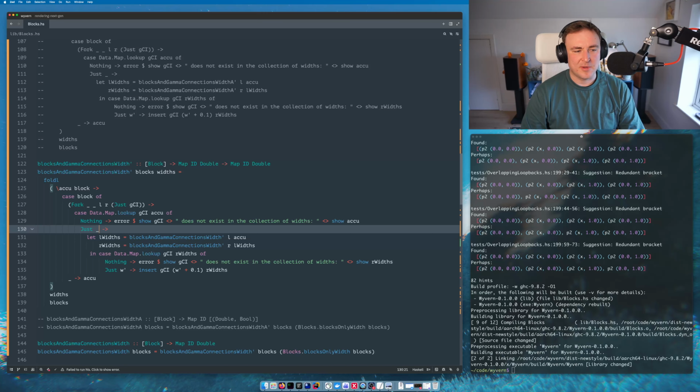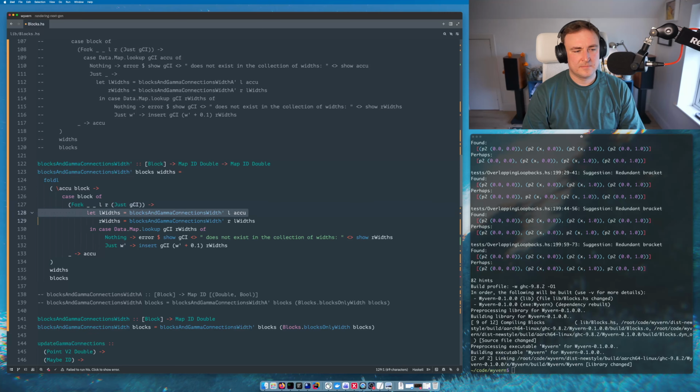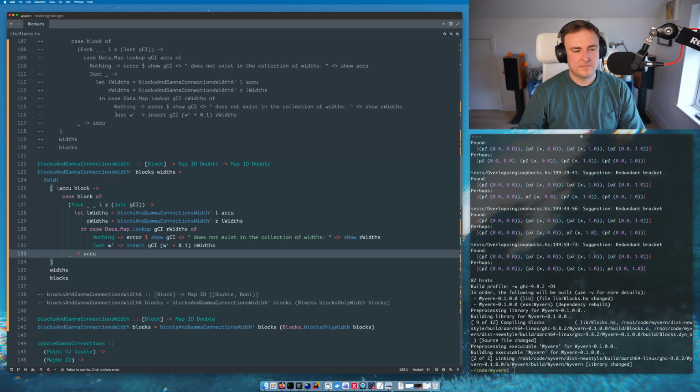If we don't need the width, why do the lookup? Much nicer.